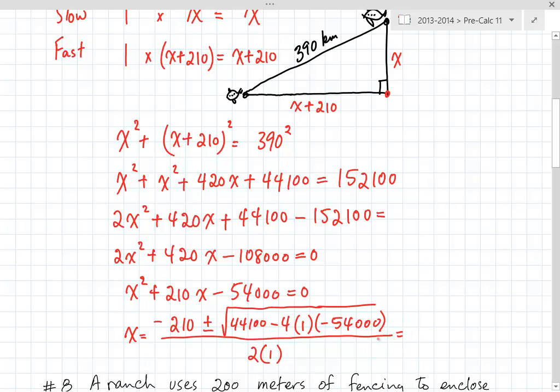If we solve this and get two answers, one of them is a negative answer, right? Okay, reject the negative answer.